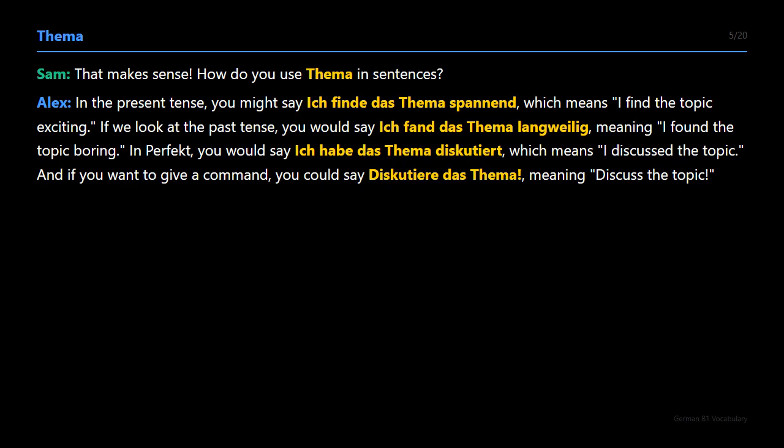How do you use Thema in sentences? In the present tense, you might say, Ich finde das Thema spannend, which means I find the topic exciting. If we look at the past tense, you would say, Ich fand das Thema langweilig, meaning I found the topic boring.